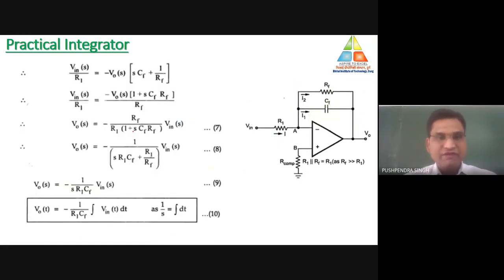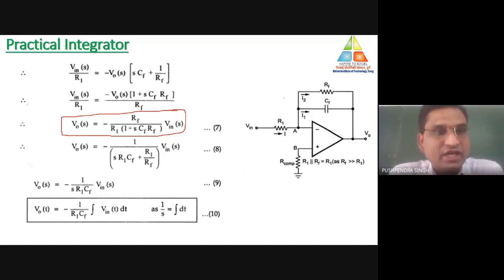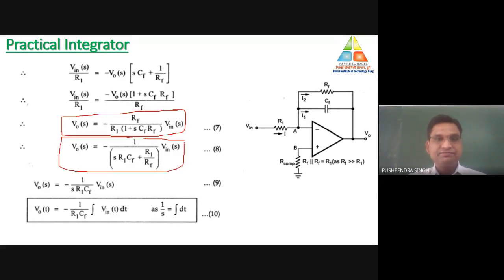After some simplification, one important equation is equation number 7. The output is equal to minus RF divided by R1, over 1 plus S CF RF, times Vin(S), or it can be written as like this.